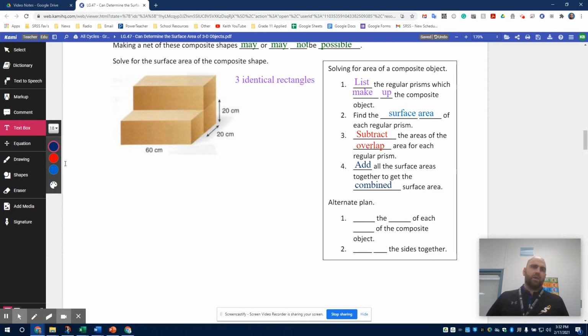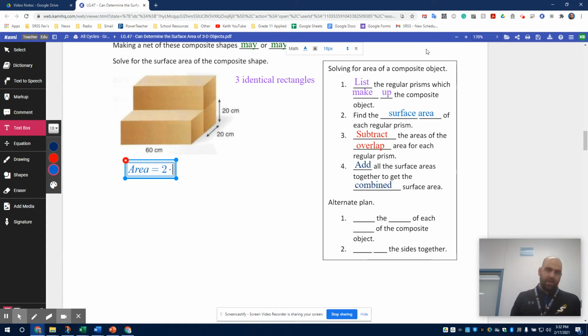This rectangular prism is all the same, so we're going to find the surface area of this rectangular prism. It has sides of 20. It's a square on the bottom, and it has a length of 60. So to do that, I'm going to do the area is equal to 2 times the base area, and because it's a square, that is 20 centimeters squared.